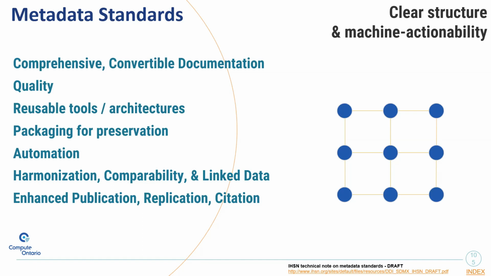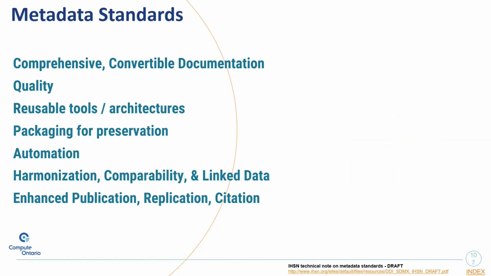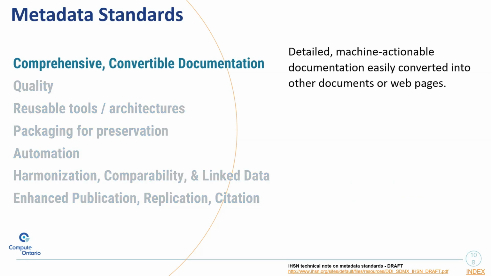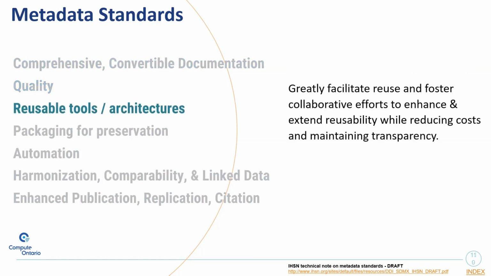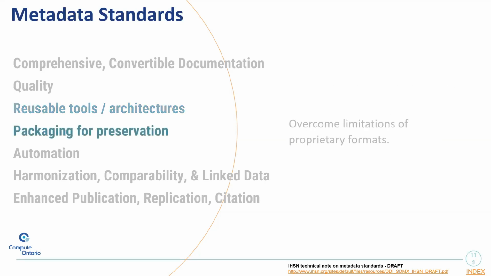And just to go quickly through some of these benefits, we have things like detailed machine actionable documentation easily converted into other documents or web pages. We have quality supporting quality checking, improving discovery and automation of error-prone manual processes. We have greatly facilitated reuse and fostering collaborative efforts to enhance and extend reusability while reducing costs and maintaining transparency.